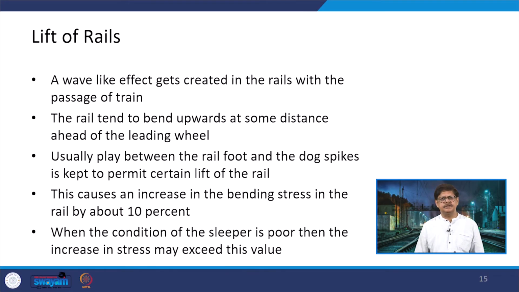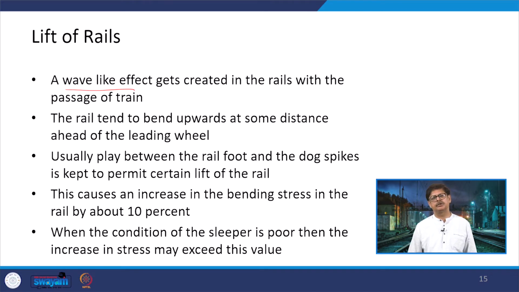The lift of rails we did talk about previously, so just look at it quickly. A wave-like effect gets created in the rails with the passage of a train. We have understood this wave-like effect because it is an elastic medium: wherever the load is coming, deflection is there, and the rail gets lifted on the front side.